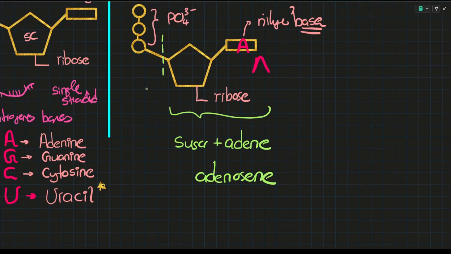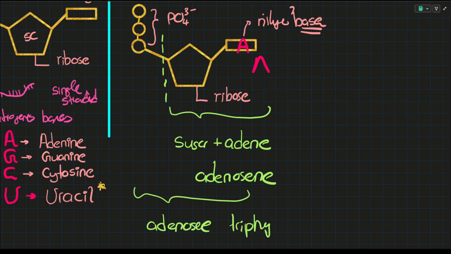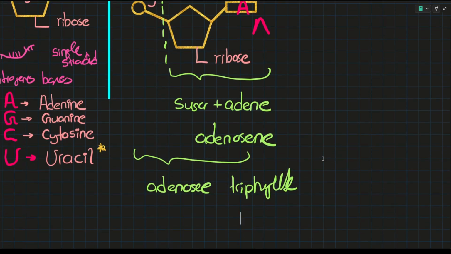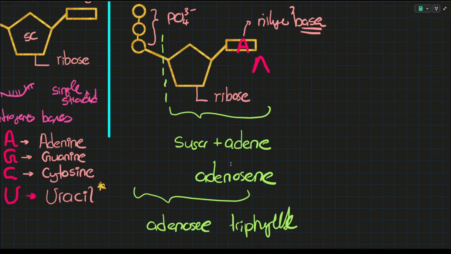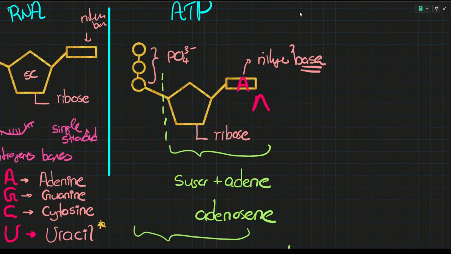That part is adenosine. If I now couple the phosphates, then only the name becomes adenosine triphosphate. That's how this nomenclature is actually built around the name adenosine triphosphate.